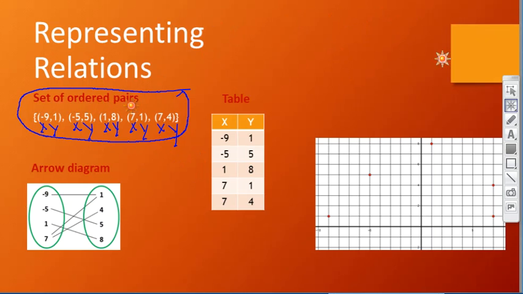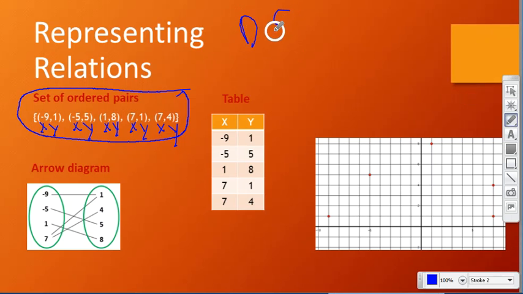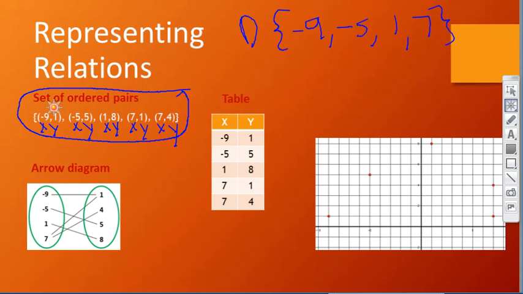And if I want to write that as a set, I'm going to go ahead and just do that. So if we write the domain as a set, the elements that would be included in that set would be -9, -5, 1, and 7. Our range for this relation would be our y values. So 1, 5, 8, 1 again, and 4.